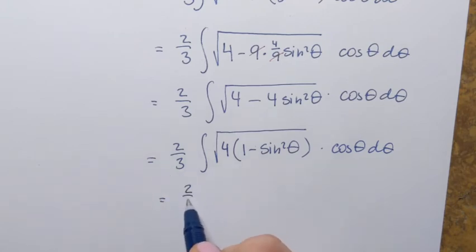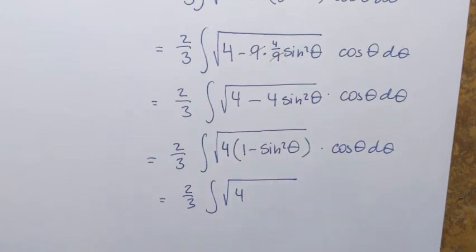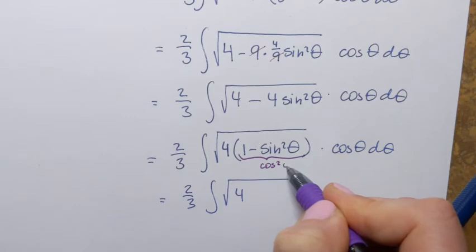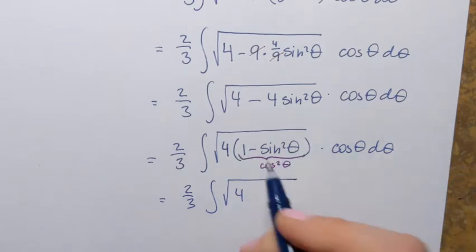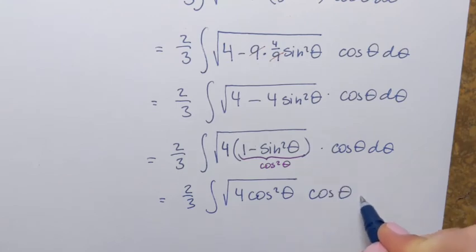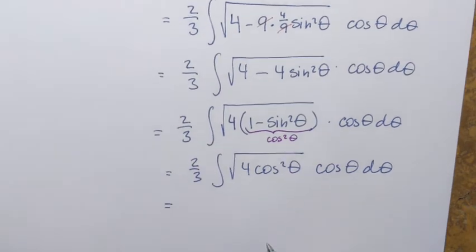So that's 2/3 integral square root of 4 times 1 minus sine squared of theta, that's cosine squared of theta. This whole thing I'm replacing with cosine squared of theta, times cosine theta d theta. And that's where the square root will go away, right?